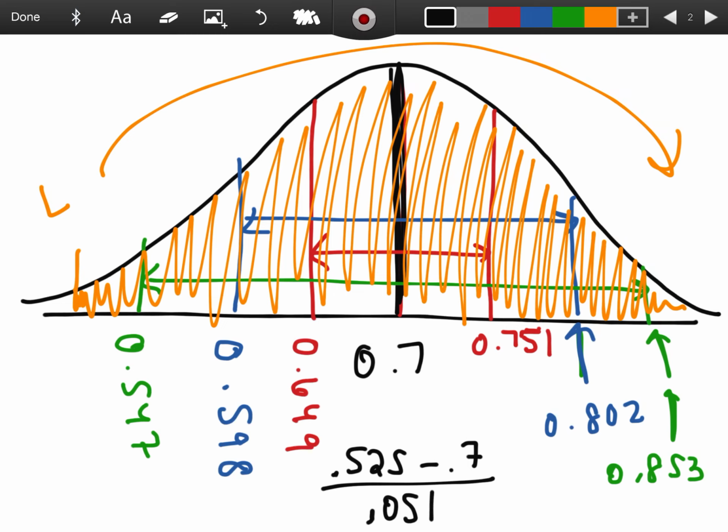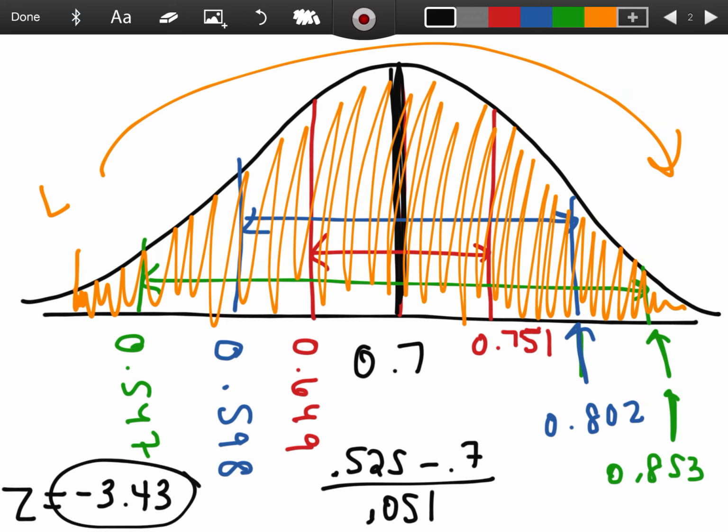So take your 52.5, subtract out your 0.7, and divide by 0.051, which gives you a z-score of negative 3.43, meaning you are almost 3.5 standard deviations below the mean.